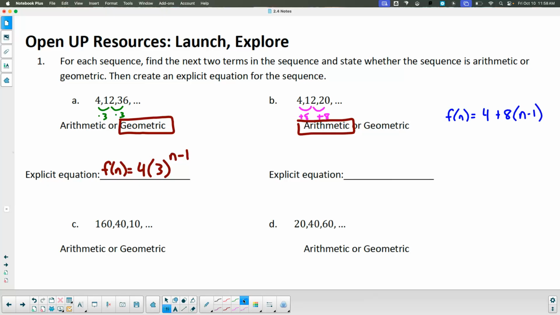But we want to make that nice and neat. We want to expand our mathematical knowledge. So that's going to be 4 plus 8n minus 8, which is going to be 8n minus 4.